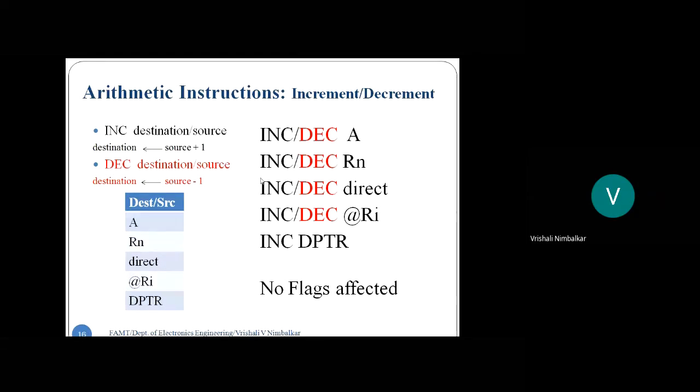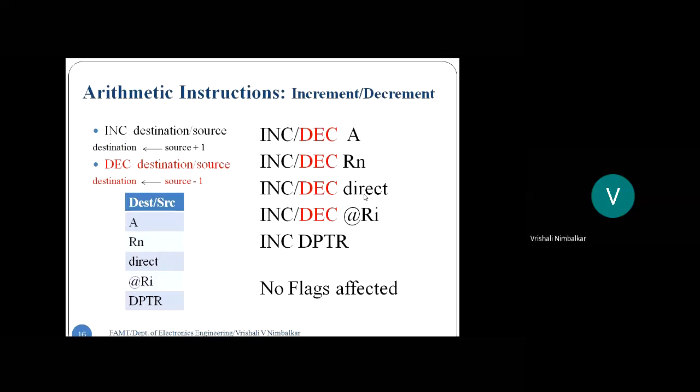See here, in black I have mentioned the increment instructions. INC A: increment the data from the accumulator, store back in the accumulator. INC Rn: it is R0 to R7 registers as well as the B register. Students, if I write INC Rn, data from Rn is added by 1, stored back in Rn.